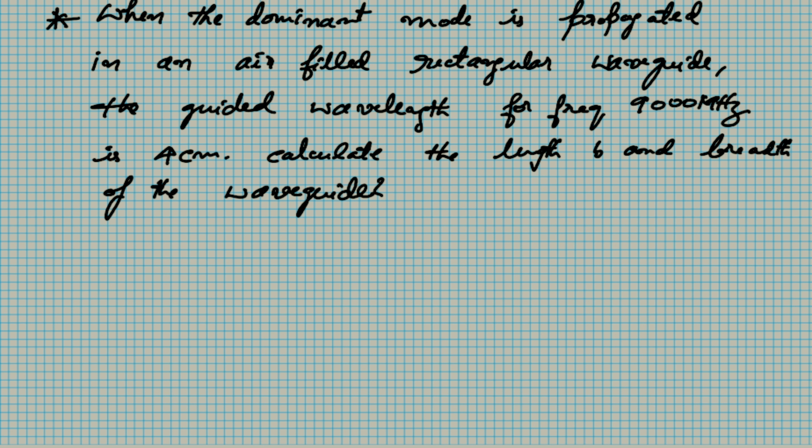Right. So they're just mentioning that it's a rectangular waveguide and a dominant mode is propagating. So let's try to analyze what is given. Are you able to recall which is the dominant mode in the rectangular waveguide?